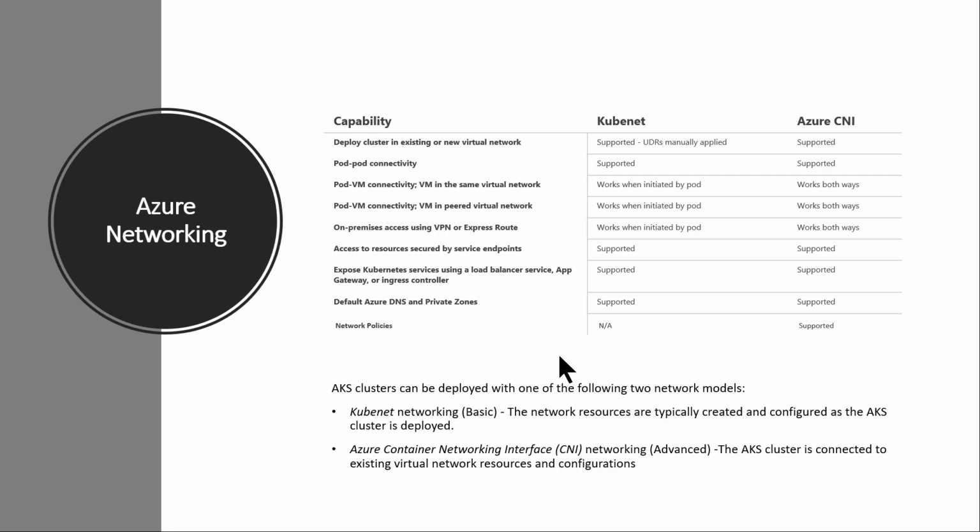Keep in mind that even basic networking, kubenet networking, can use an existing VNet, right? So if your only requirement is to use the existing VNet and that's what is forcing your organization to CNI, that may not be the case. You could still accomplish that with basic networking too. That's an important consideration when you're making the decision between advanced versus basic networking.